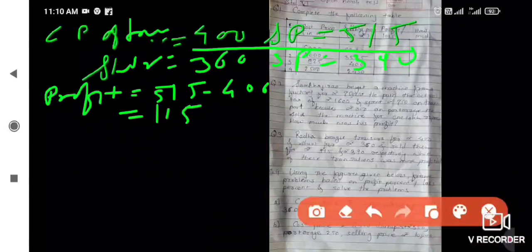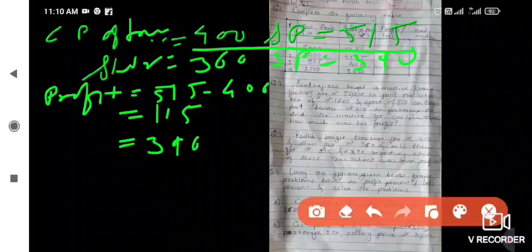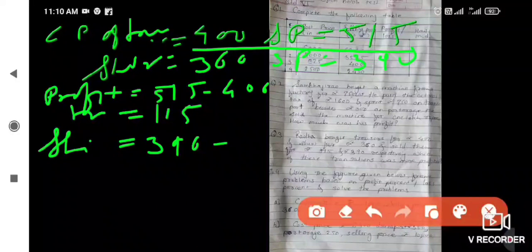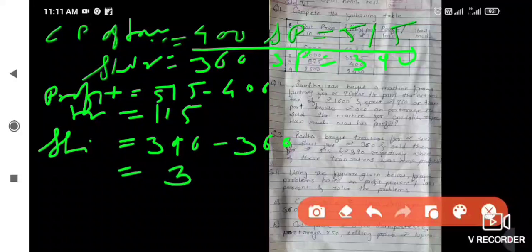of the trouser, and that of the shirt is equal to 390 minus 360, which is 30 rupees profit. Now to find which is more profitable, we have to find the profit percent.